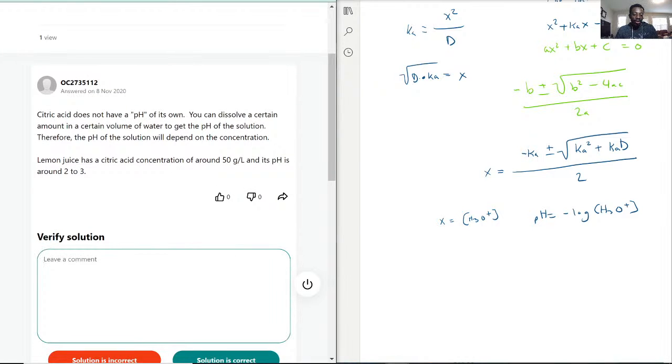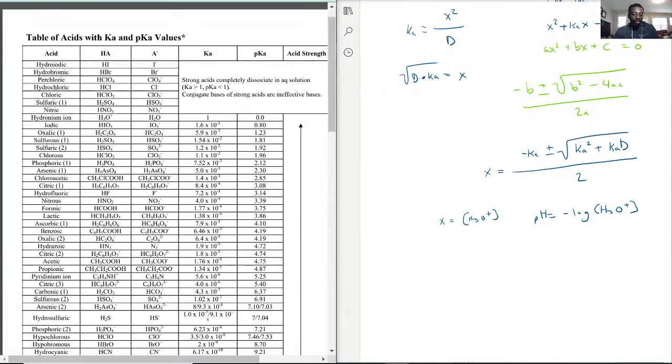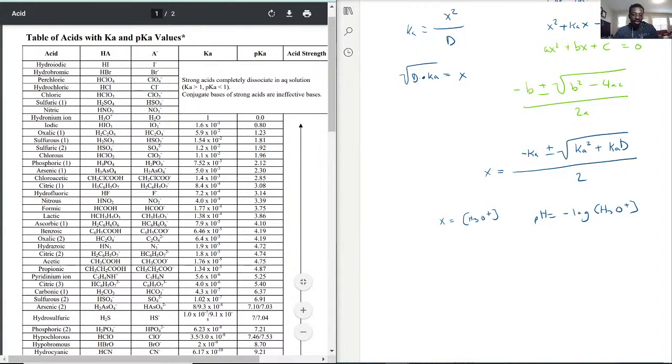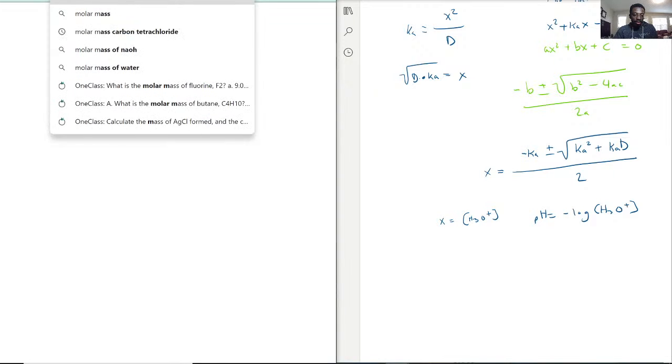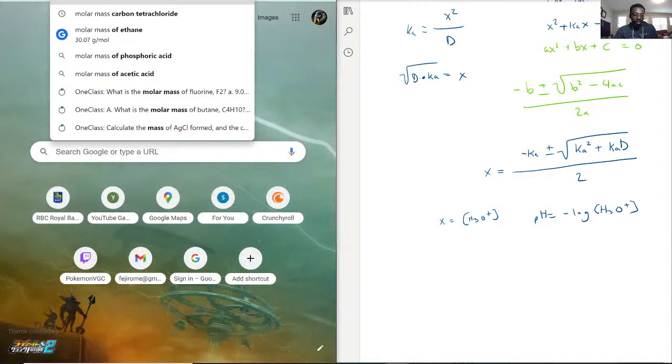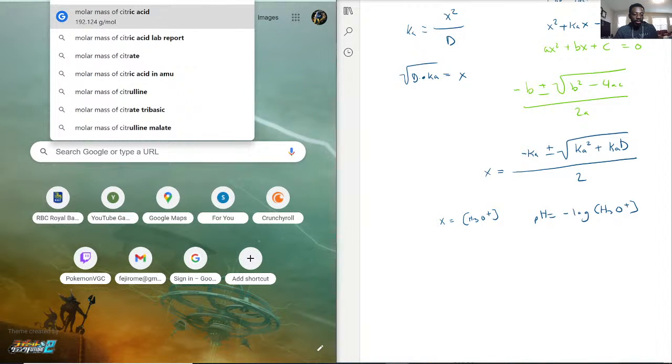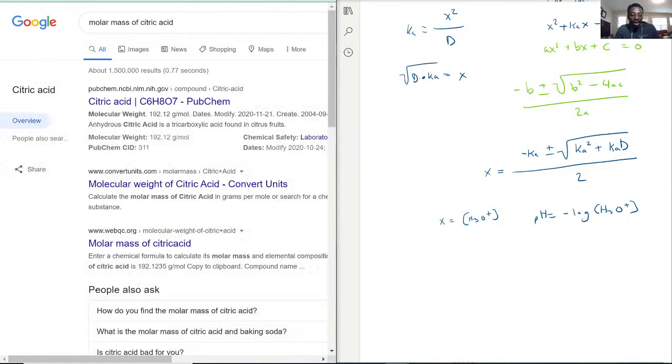So I would say this is incorrect because this doesn't really answer the question. But funny enough, if we were to use 50 grams per liter, then I have to find out the molar mass. Actually, I'm going to search it up. Molar mass of citric acid, because right now I don't want to waste time showing you the math calculations for it.